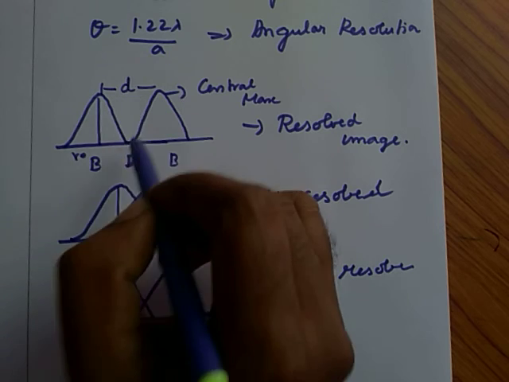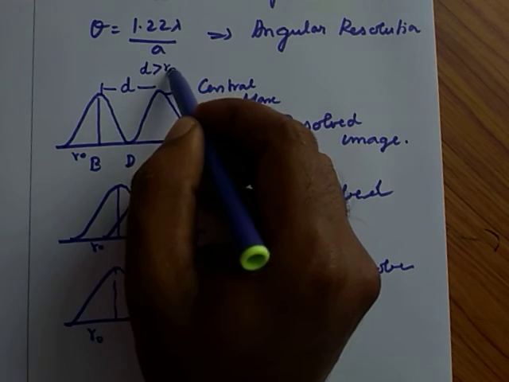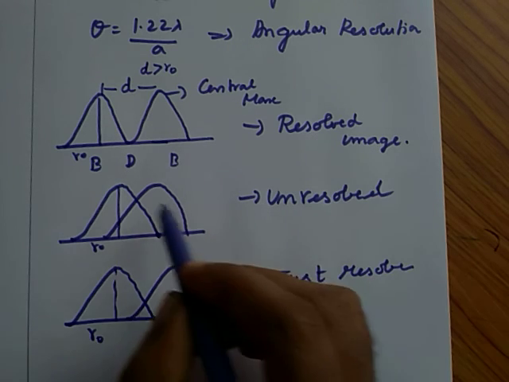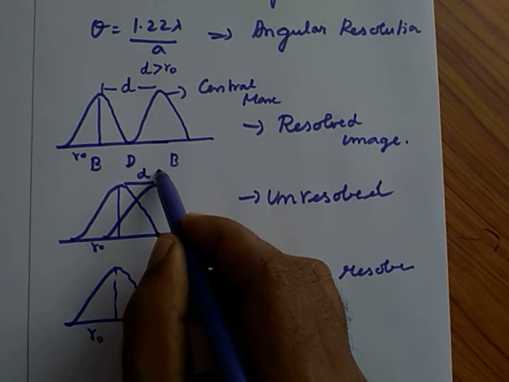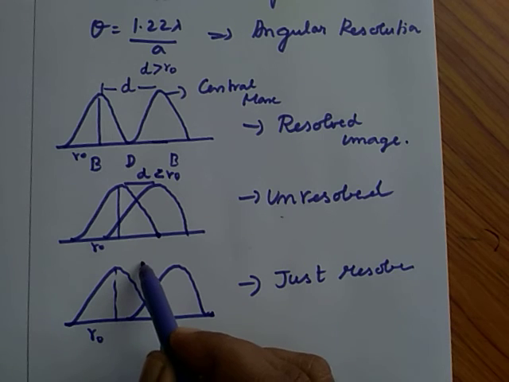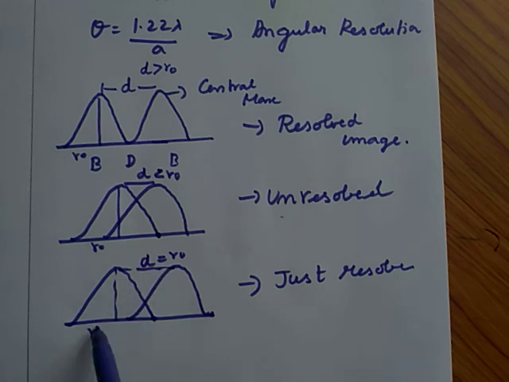If d is greater than r0, then the image will be a resolved image. If d is less than r0, that is an unresolved image. If d is equal to r0, that is a just resolved image.